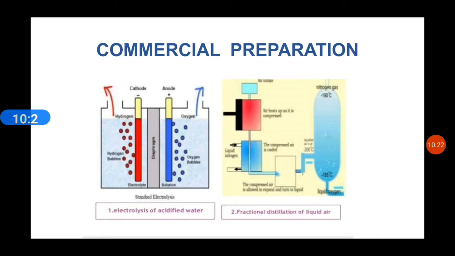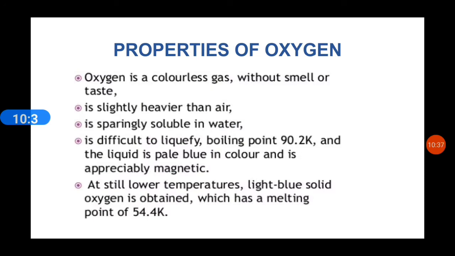Commercial preparation of oxygen involves electrolysis of acidified water and fractional distillation of liquid air. The diagrams are shown here. Properties of oxygen: oxygen is a colorless gas without smell and taste. It is slightly heavier than air.